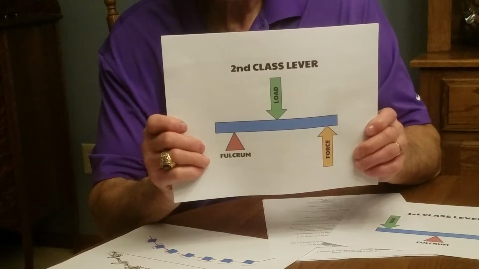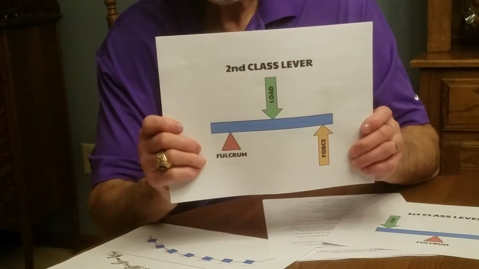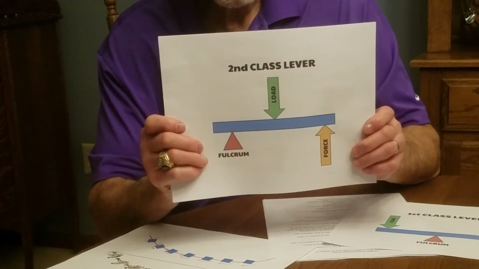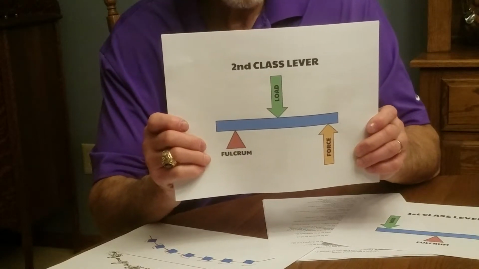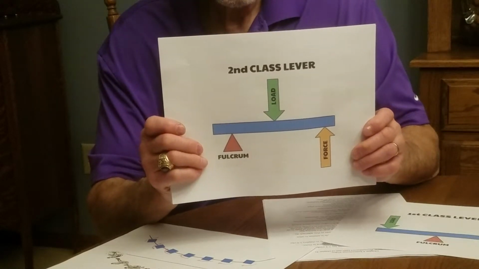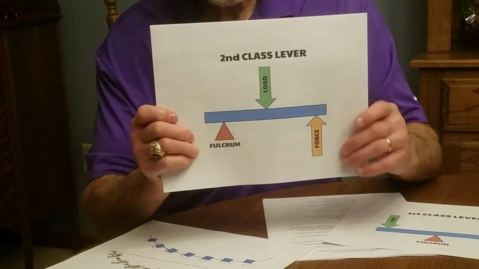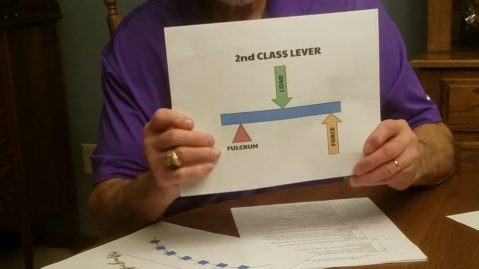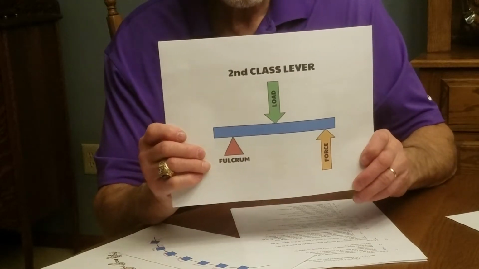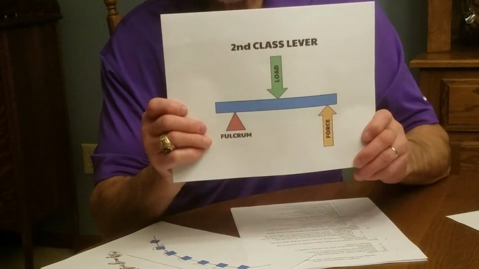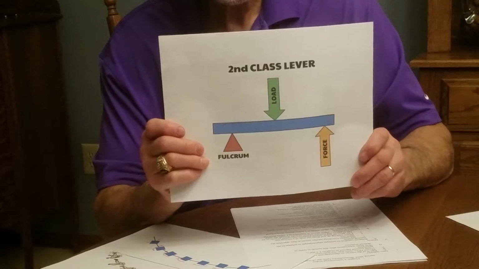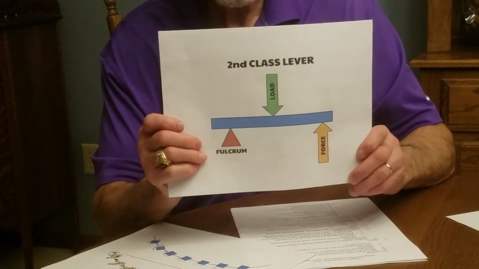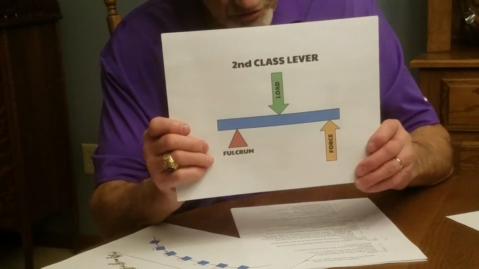Think of a wheelbarrow. The wheel is at the end, that's the fulcrum. The load, the resistance, is in the middle, and your effort, the handles, is on the other end. This type of lever always has a mechanical advantage. Doesn't matter where the fulcrum is placed, it doesn't matter where the resistance is placed, you're always going to have some type of mechanical advantage.